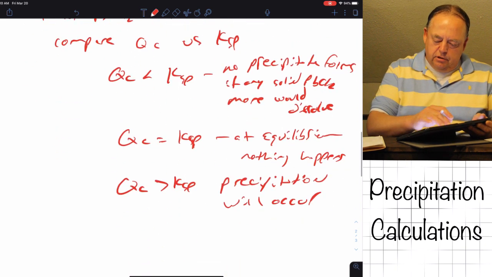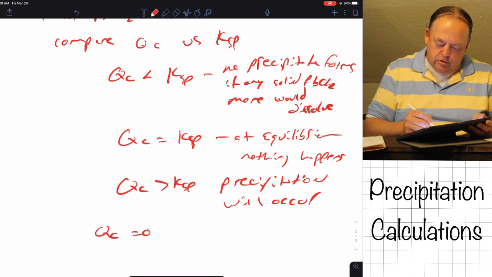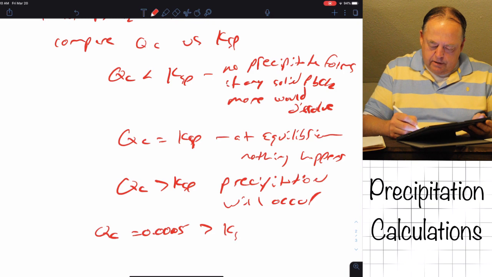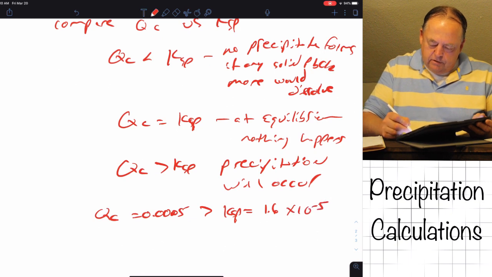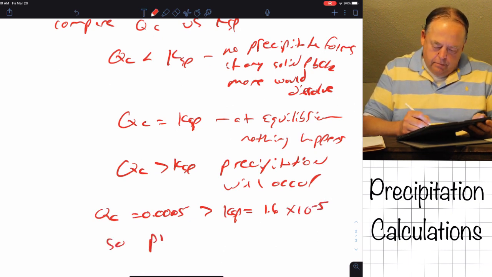And so in this case, QC that we calculated is 0.0005, which is greater than KSP, which is 1.6 times 10 to the minus 5. So PbCl2 will precipitate.